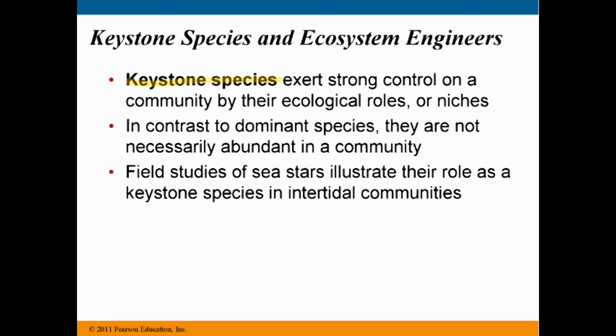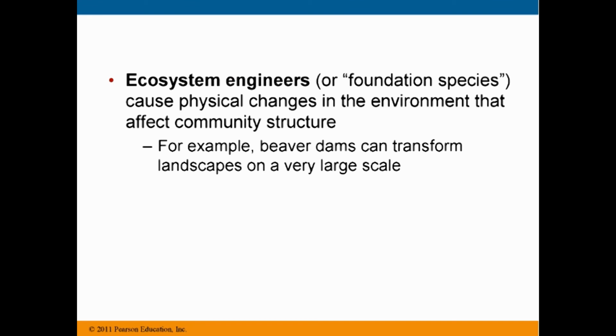One of the examples is sea stars, which are definitely a keystone species in the intertidal communities. Sea stars can actually keep down the population of certain other organisms within that intertidal community.